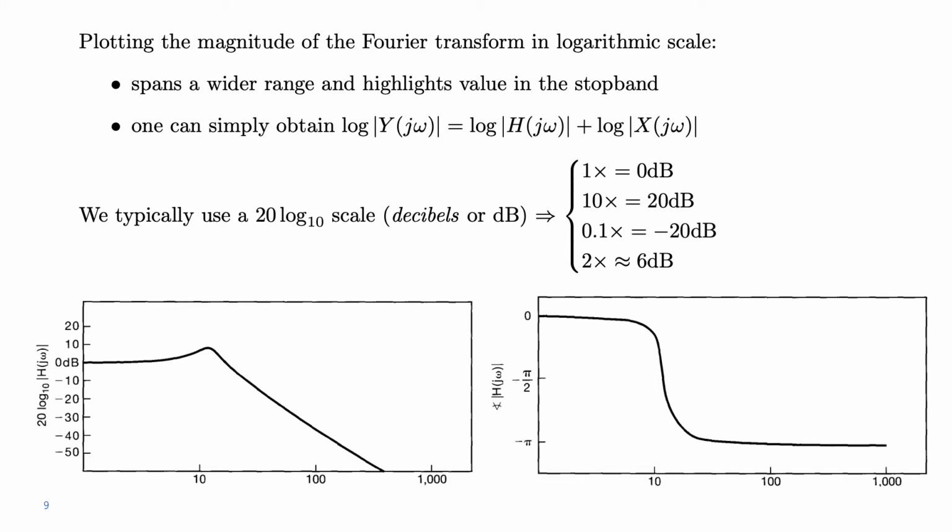So if we look at the figures at the bottom of this slide, we have a representation in logarithmic scale for the magnitude of a Fourier transform on the left and the phase of a Fourier transform on the right. So you see that in both cases, the x-axis is in logarithmic scale.